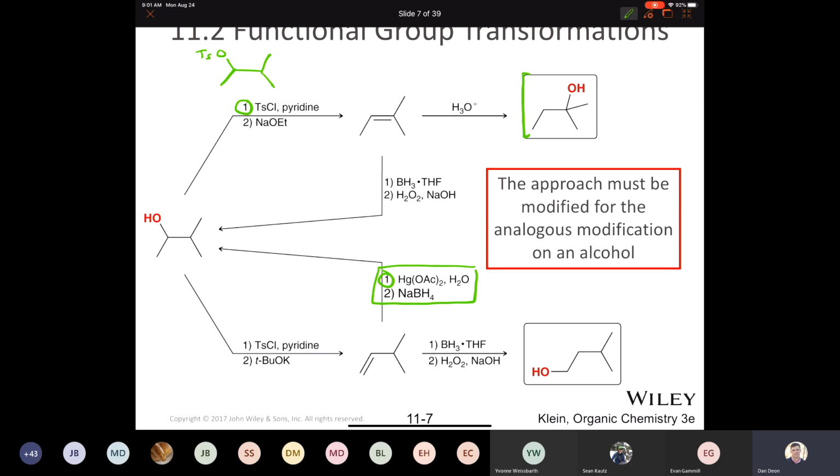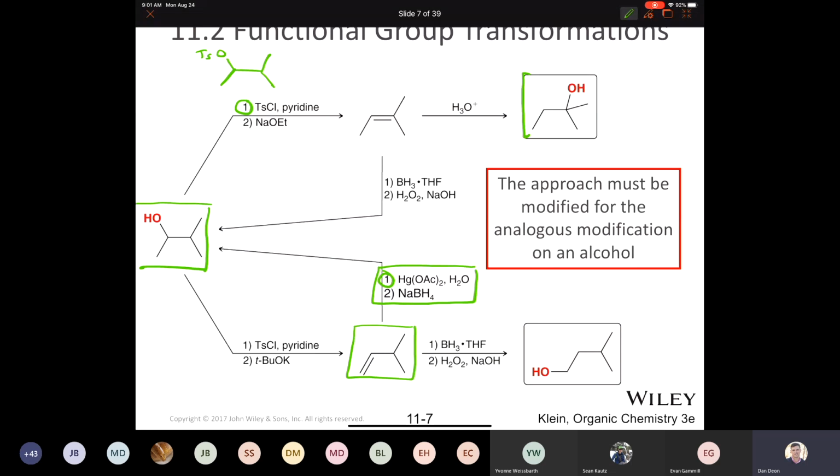But my question to you guys is, all that's happening here is I'm going from this alkene to this alcohol, and I'm using mercuric acetate and water followed by sodium borohydride. That, my friends, is just a Markovnikov addition. Can somebody tell me why I would be using mercuric acetate?